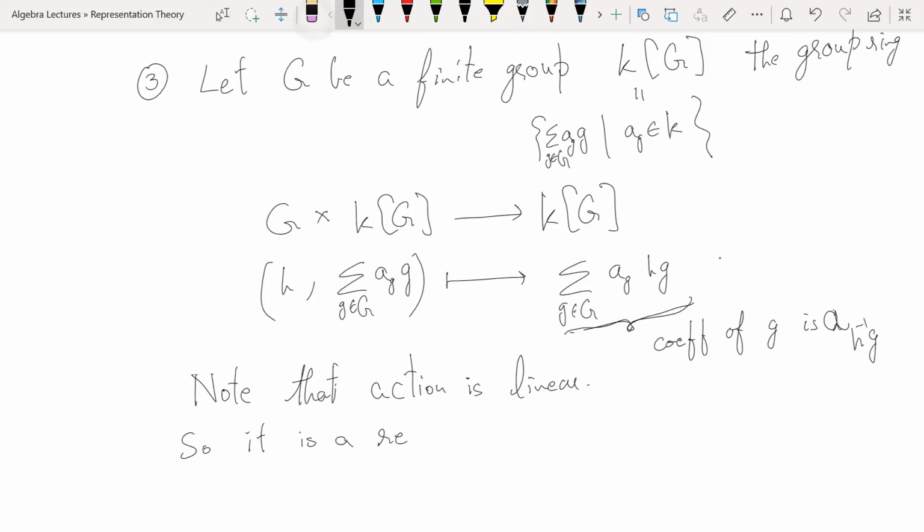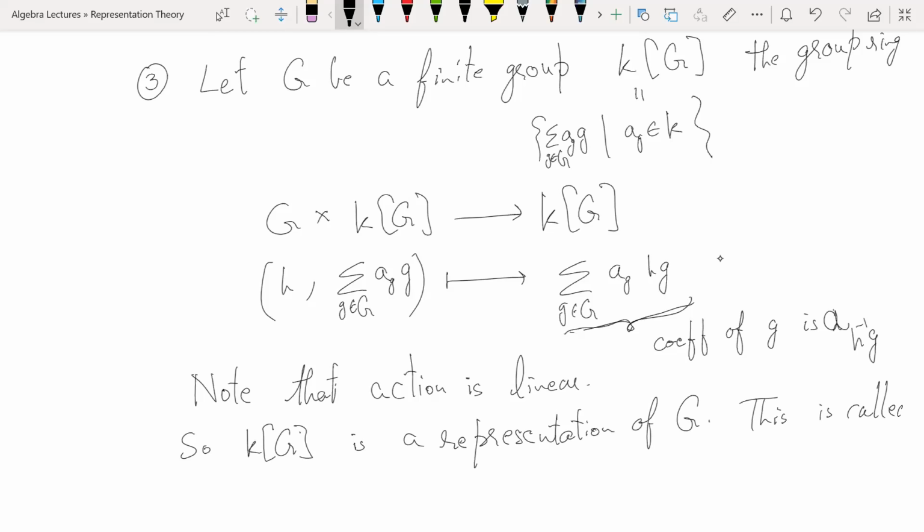So KG is a representation of G, via this natural map. And this is called the regular representation. It's a very important representation, the regular representation of G.